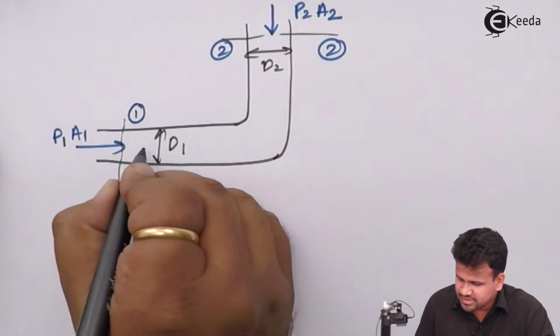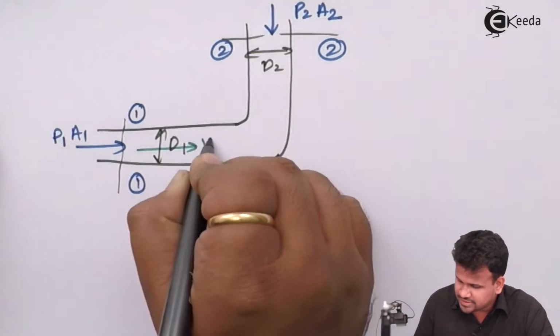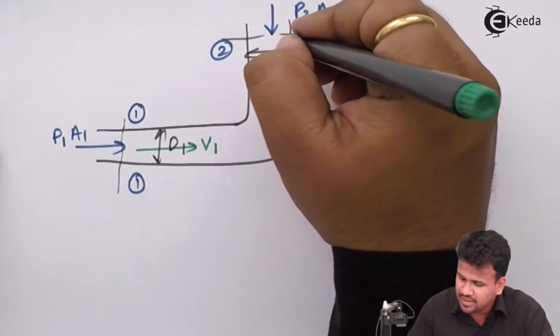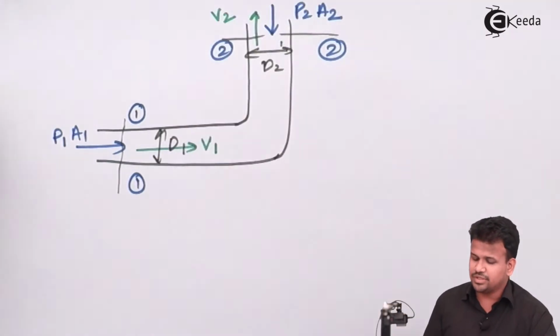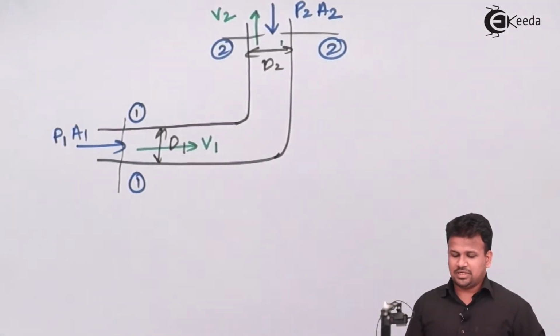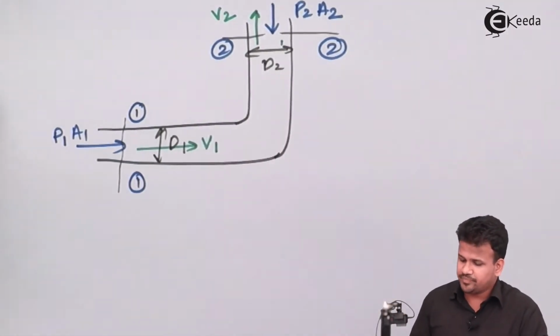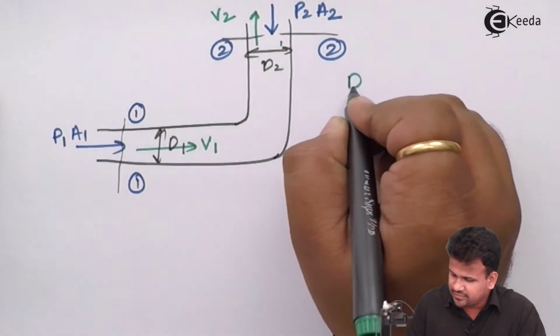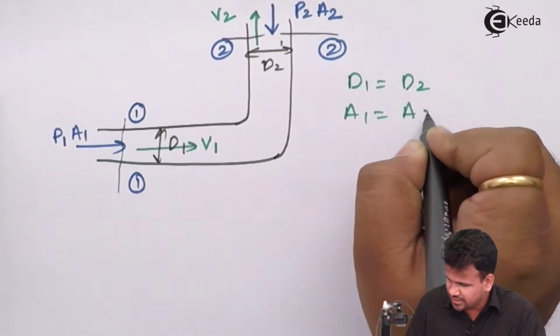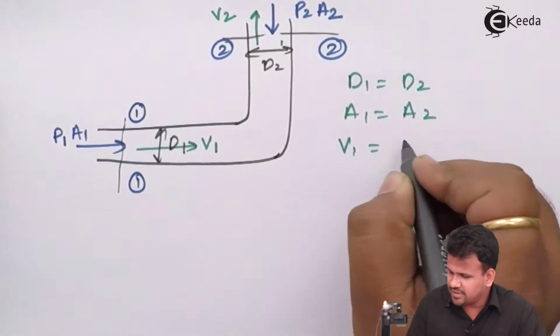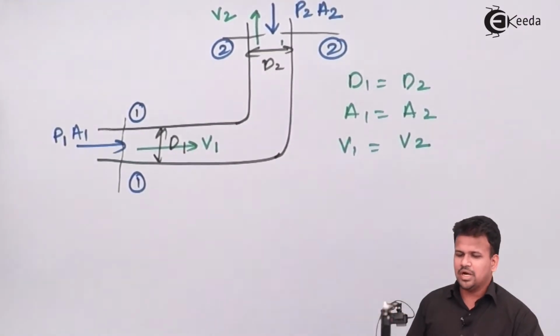Now this is flowing along the horizontal direction with a velocity V1 and the outlet velocity we will consider as V2. Since the area of cross section is the same, that is D1 equals D2, hence A1 will be equal to A2, then V1 will be equal to V2 according to the continuity equation.